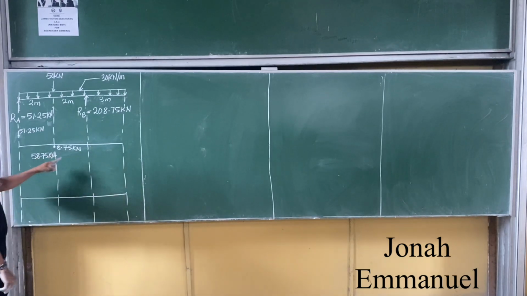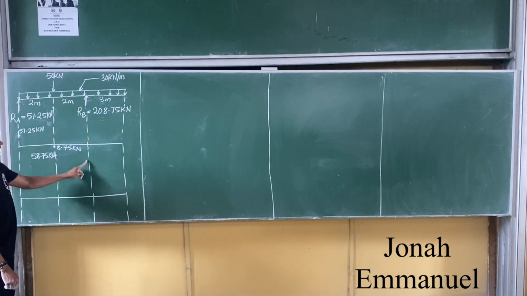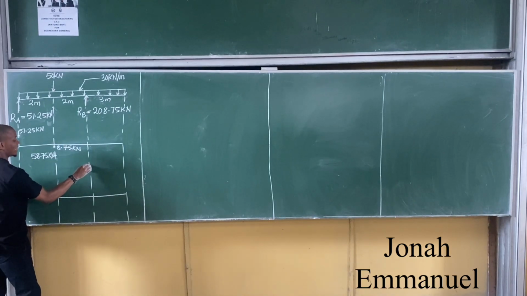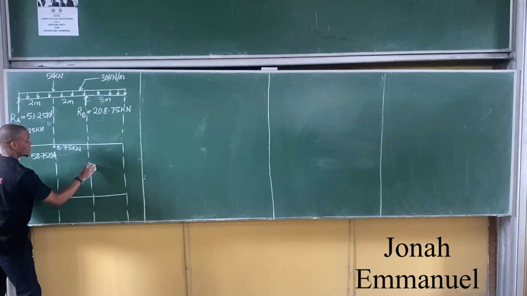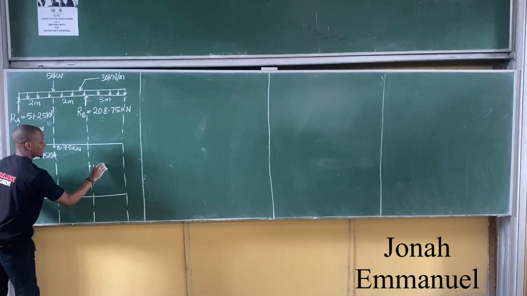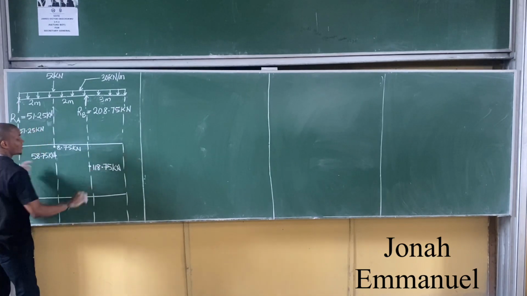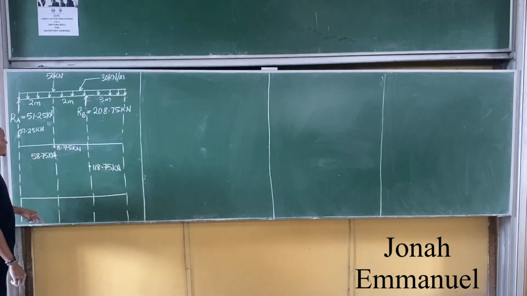Now check at x equal to 4 meters. I have two conditions. Please check what's condition 1. So somewhere around here, I have 118.75 kilonewton. I have this. Alright, that was condition 1. Condition 2 was what? 90.